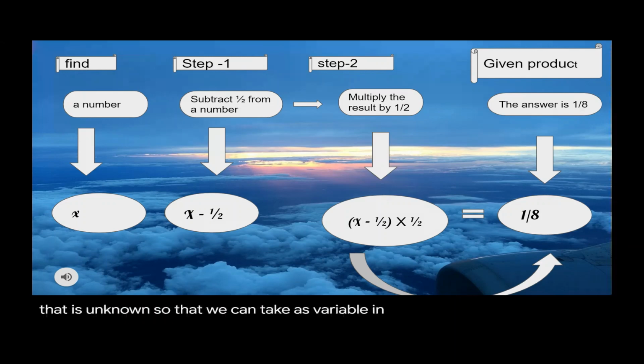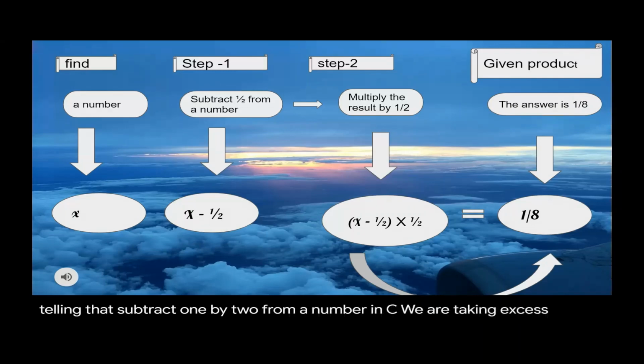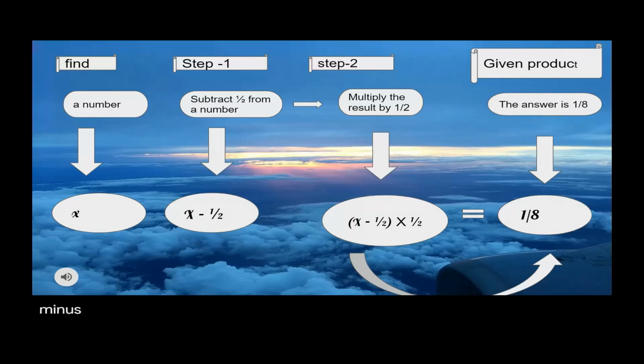Then here two steps are given. First step, it is telling that subtract 1 by 2 from a number. Means if we are taking x, so x minus 1 by 2. Then after that, whatever answer you are getting, means x minus 1 by 2 is multiplied by 1 by 2. That is called multiply the result by 1 by 2.